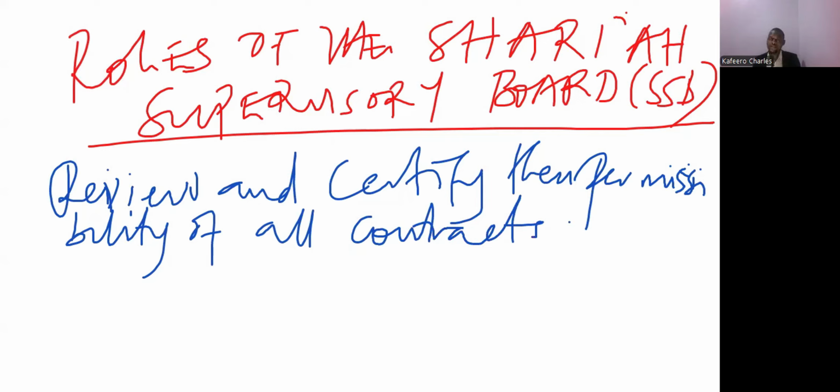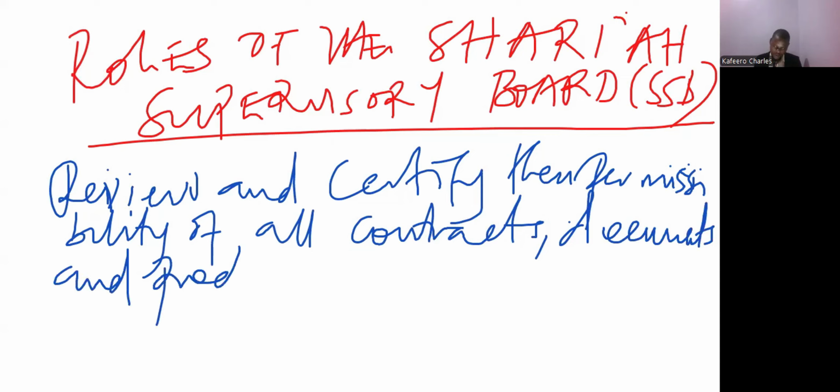It's the one that does the certification of those different contracts. They may be contracts or documents and even the products, to see whether they comply with the Sharia law. So they do the compliance check to see whether those are actually complying.